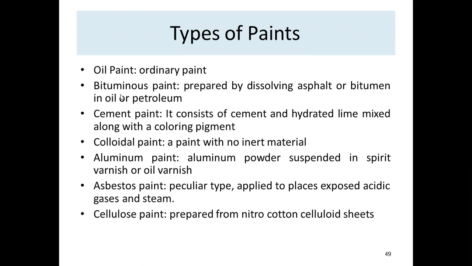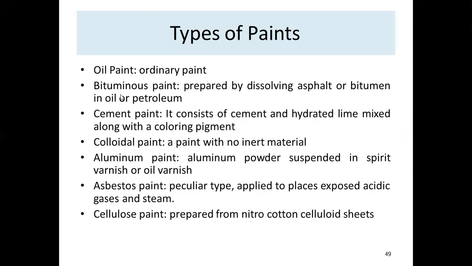These paints are especially suitable for painting structural steel or ironwork underwater. They are also used for painting exterior brickwork and plastered surfaces. The color of the paint is modified by adding certain coloring pigments like red oxide.